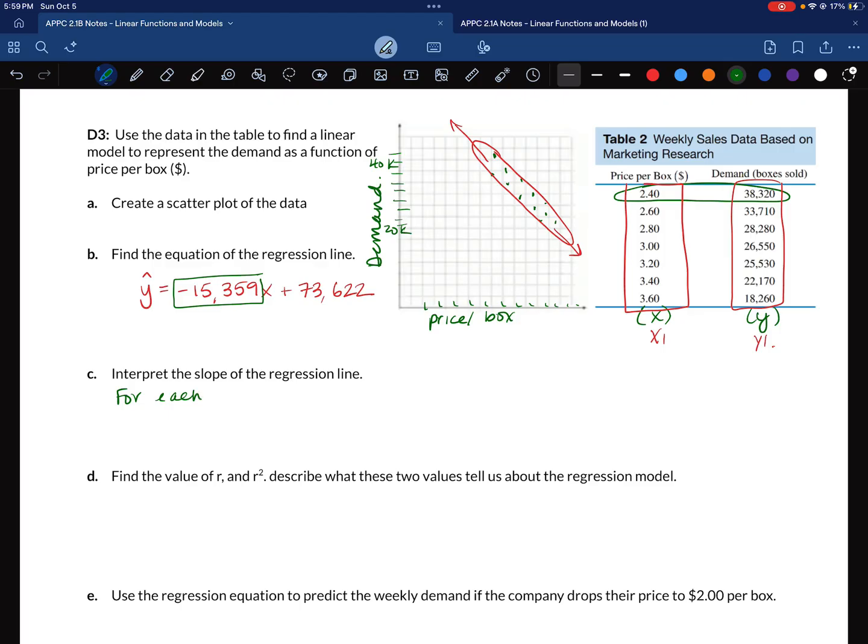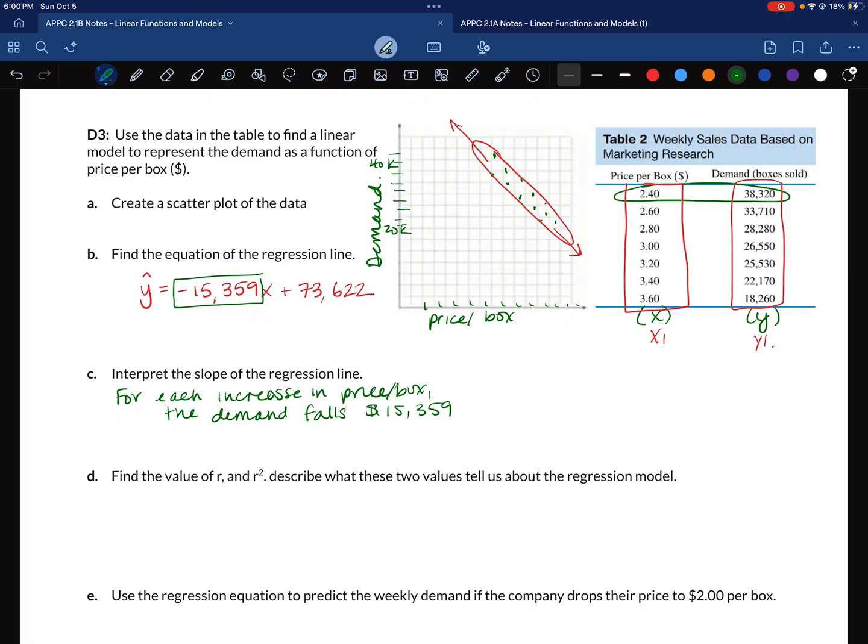For each increase in price per box, the demand falls 15,359. Right? That's what we should be noticing. That's showing us the rate at which x and y change in tandem.